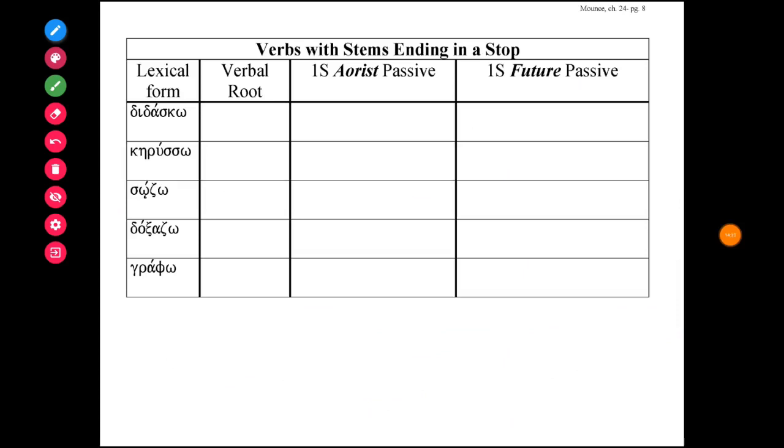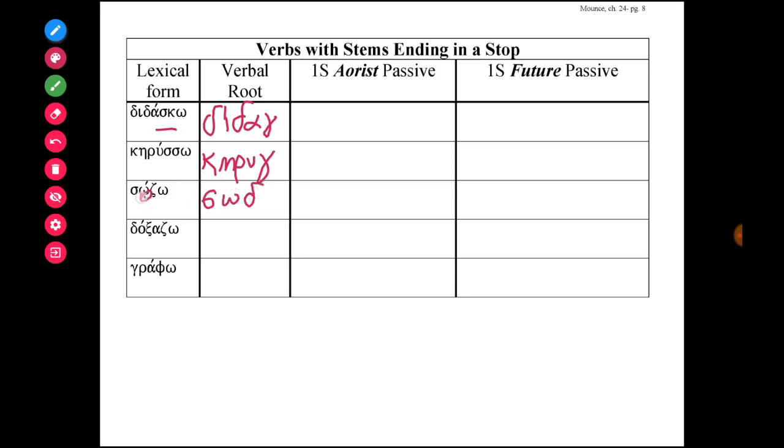Here, in this slide, you have some practice. So why don't you do this? Let's just review together the verbal roots. For didaskō, the verbal root is didak. For kēryssō, the verbal root is kēryk. For sōzō, the verbal root is sōd, without the iota subscript.